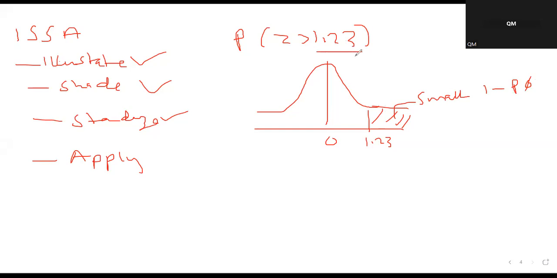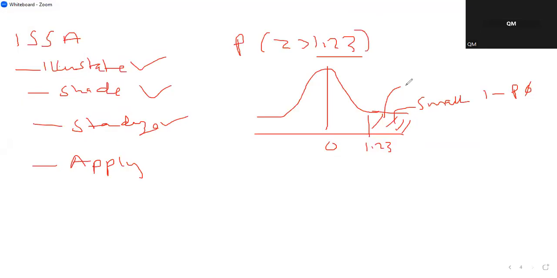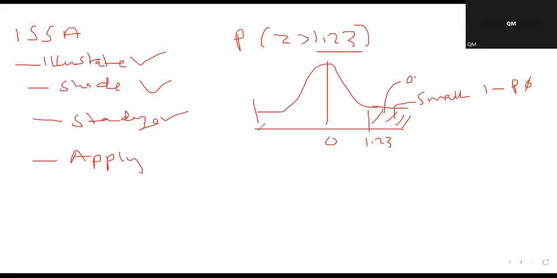So how did we get the 1.23? According to our first lesson, we said 1.23, go under 1.2, then under 3. 0.8907. So from here to here is 0.8907.